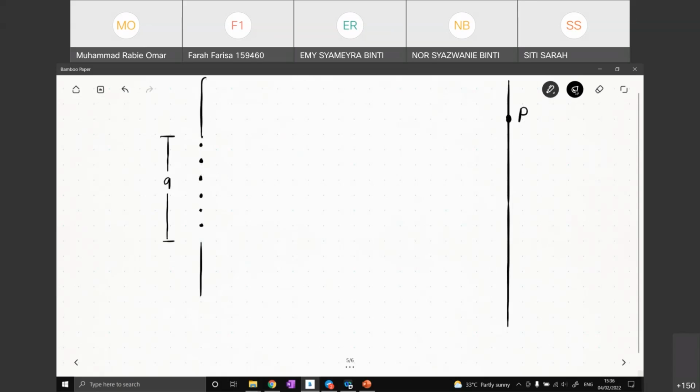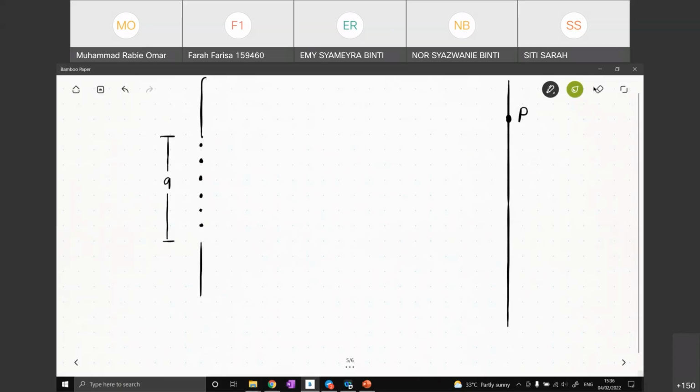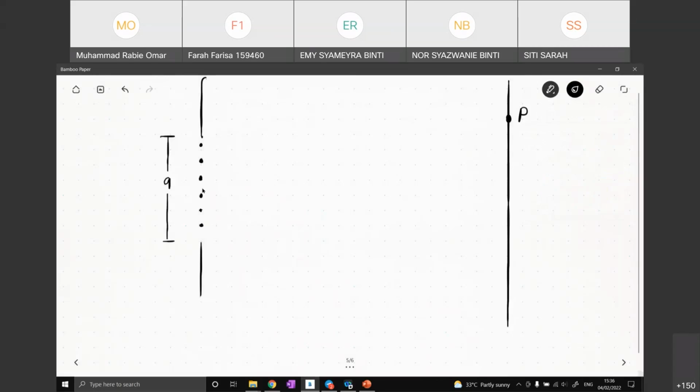Now I draw my principal axis as my reference, which is at the center here. This is my principal axis. So obviously I define this as y equals 0.